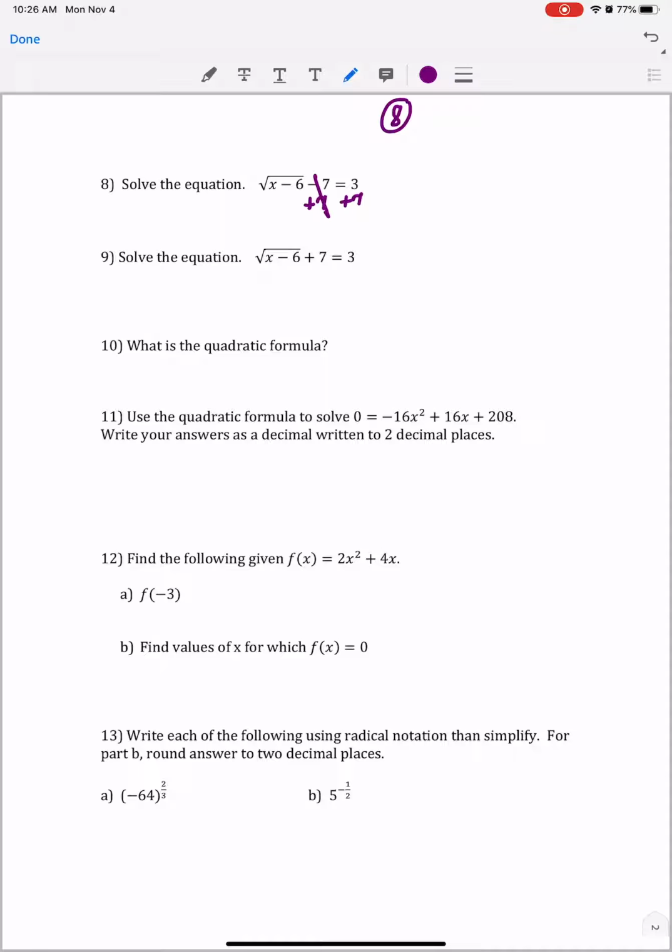Cancels out here, so I'm going to come up here. This is going to leave me with the square root of x minus 6. 3 plus 7 is 10. Now, the opposite of square root is to square.